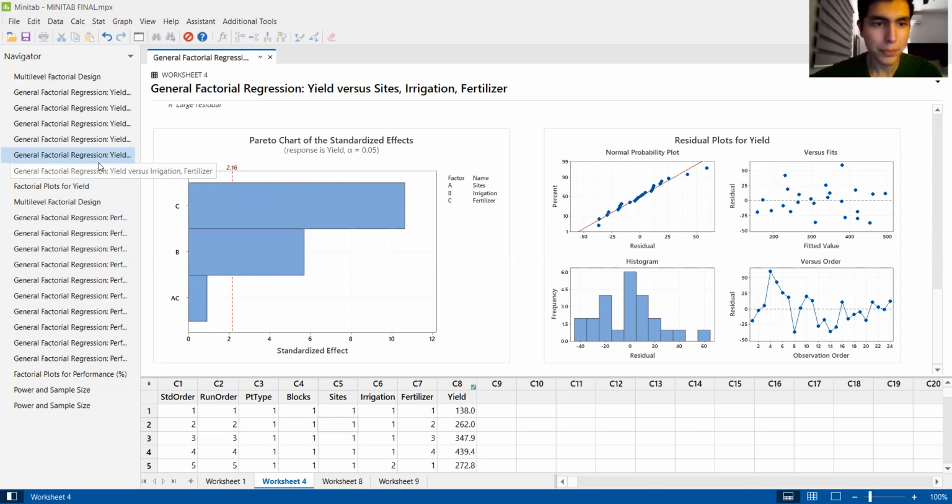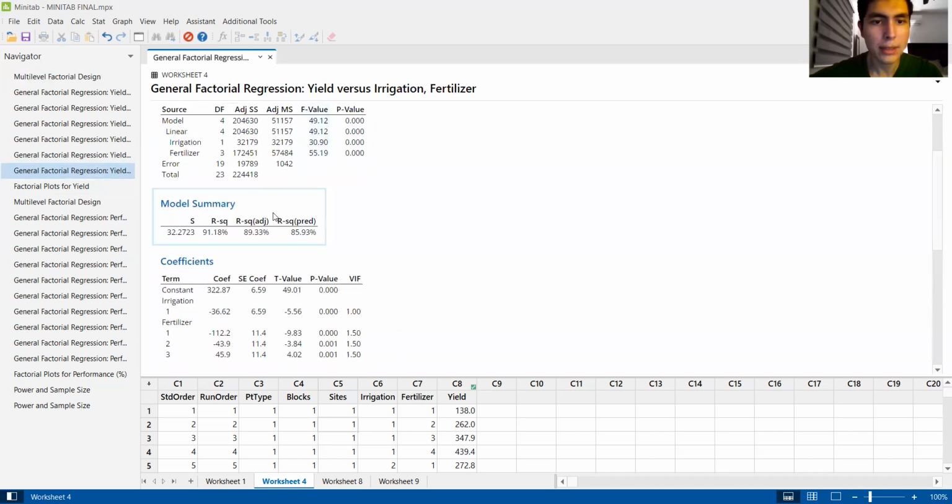Finally, what I did is take out the AC interaction factor to see if this would improve the model. But after doing that, I noticed that the R square adjusted is lower than if we kept the A and C interaction.